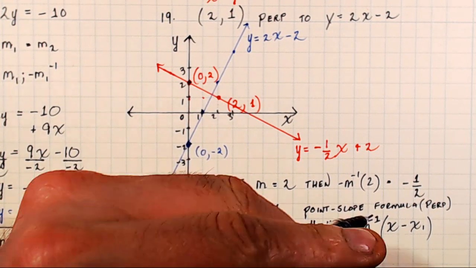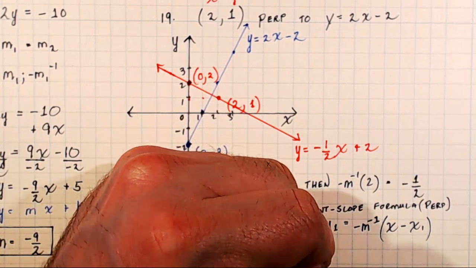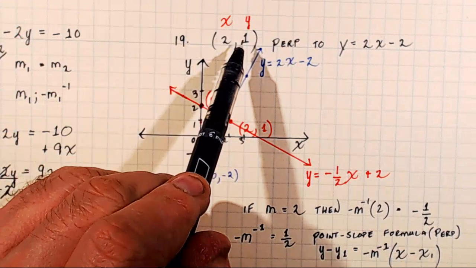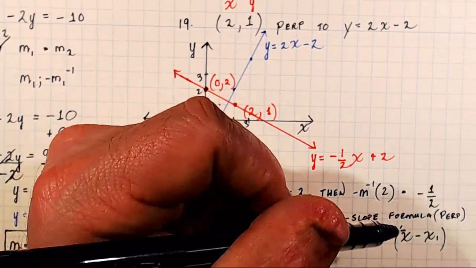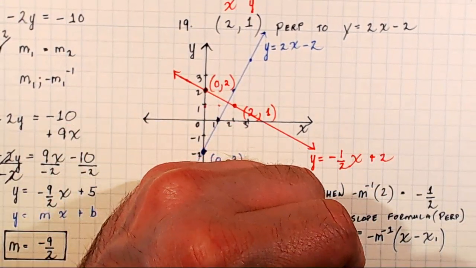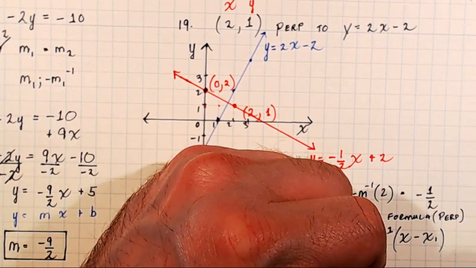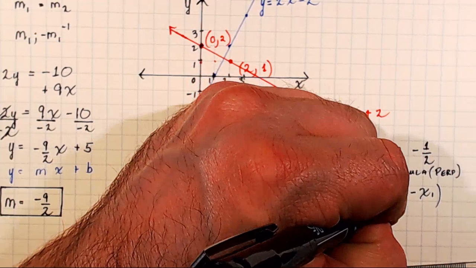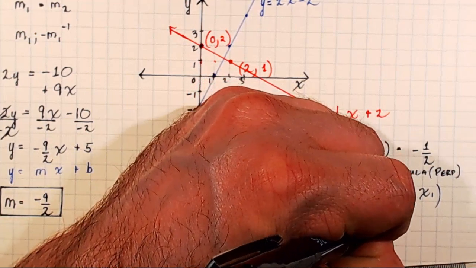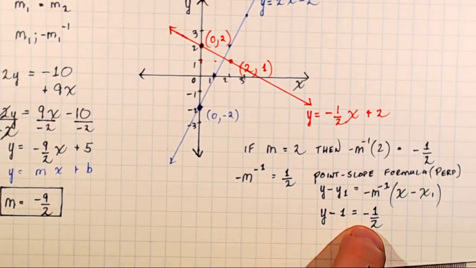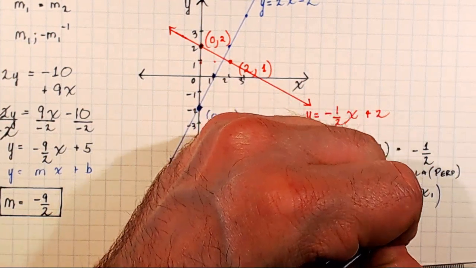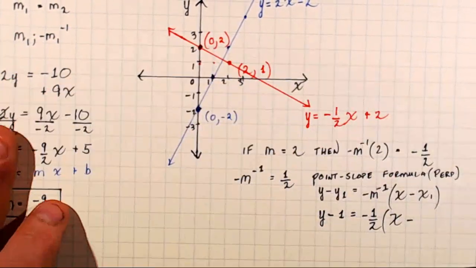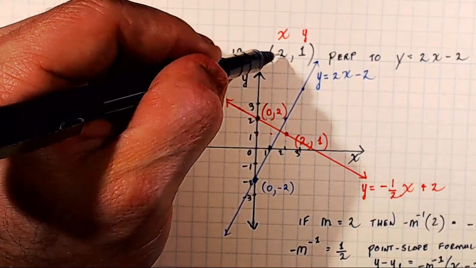We're just going to substitute numbers for variables. So we have y minus y1, and y1 is this number up here, 1. So y minus 1 equals negative 1/2, that's the negative reciprocal slope, open parentheses, x minus x1, 2.